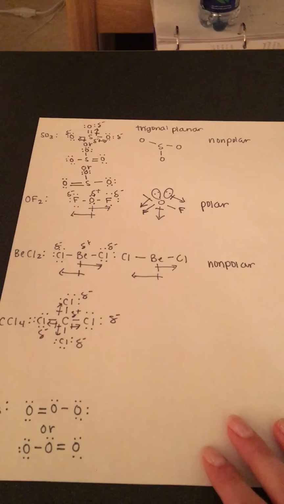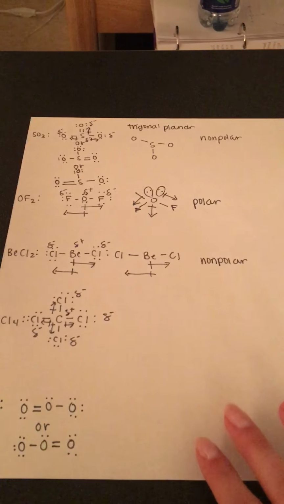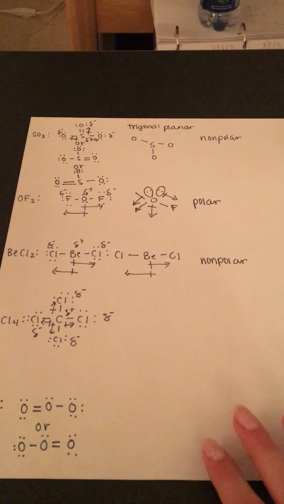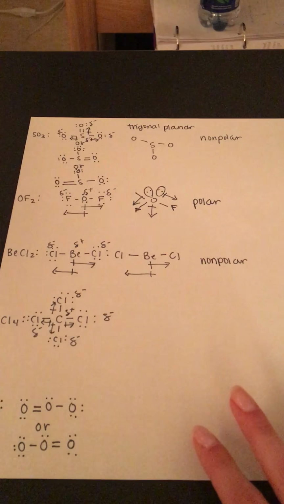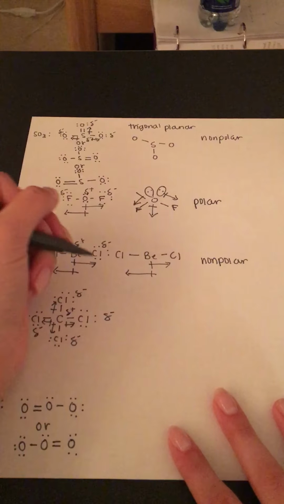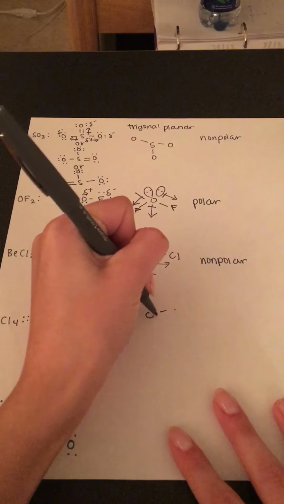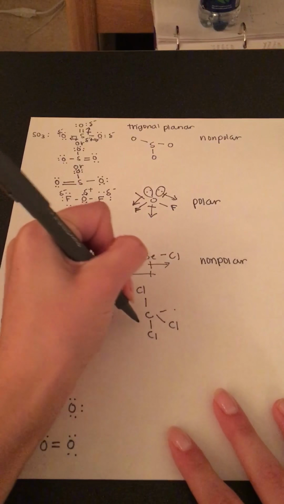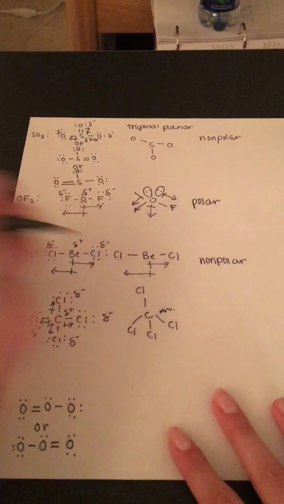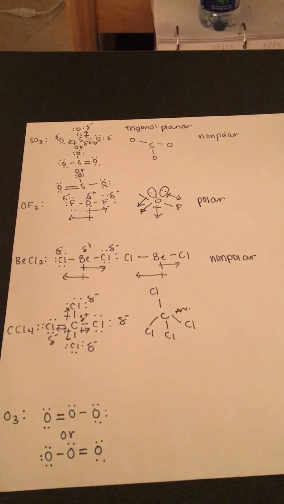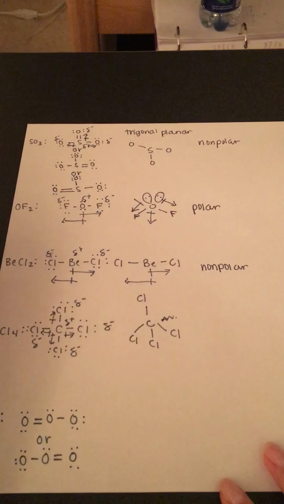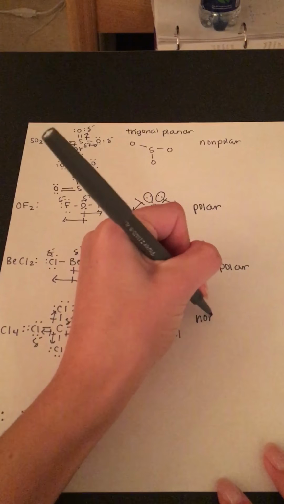To draw the molecular geometry, this is going to be tetrahedral. So it really just looks like this. Since all the domains are the same, that means that this molecule is going to be nonpolar.